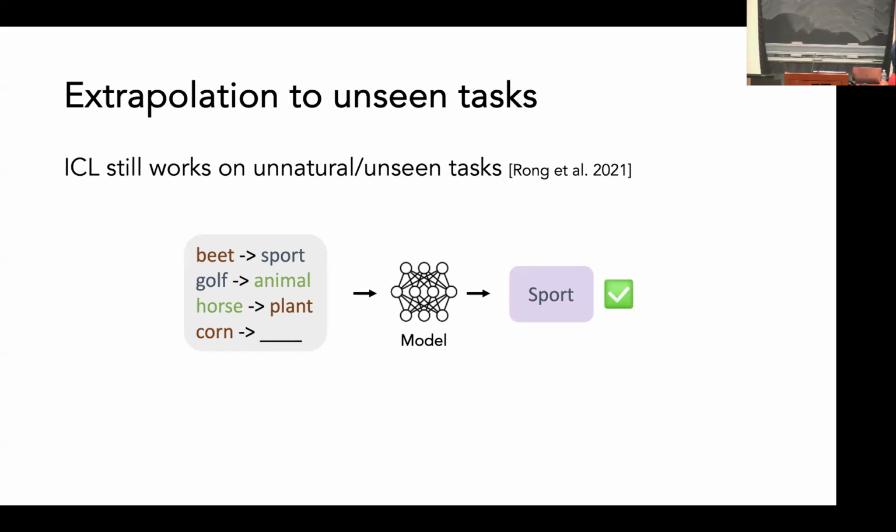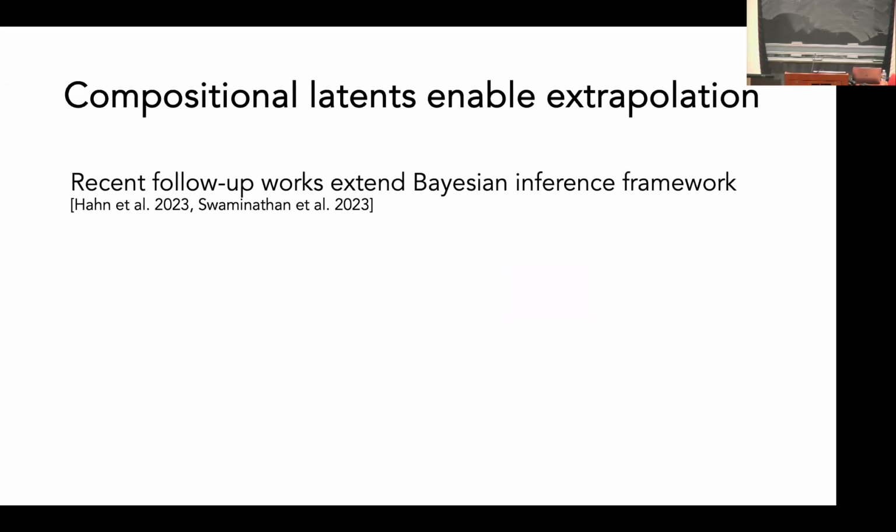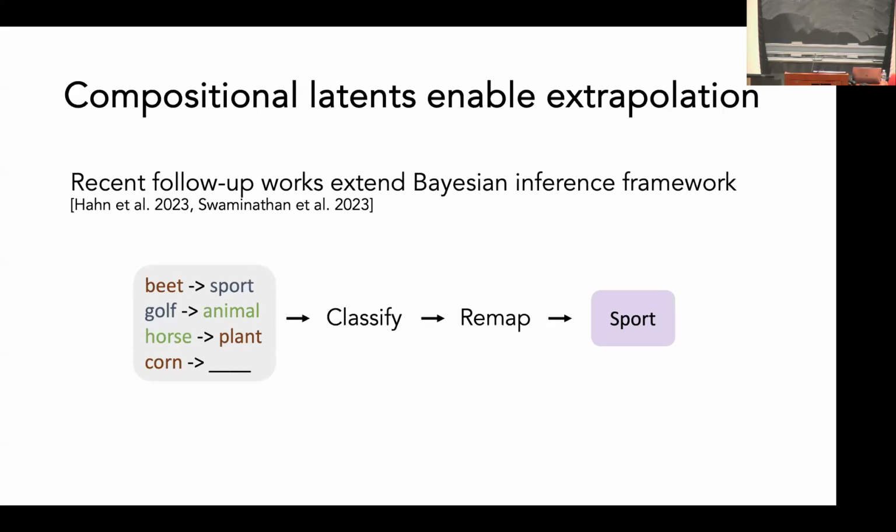And with respect to our Bayesian inference framework, language models should only be able to infer latent variables that are seen during pre-training. So how can this occur? Some recent follow-up works have extended our framework to compositional latent variables to enable this kind of extrapolation. For this particular example, you can break it down into two component tasks.